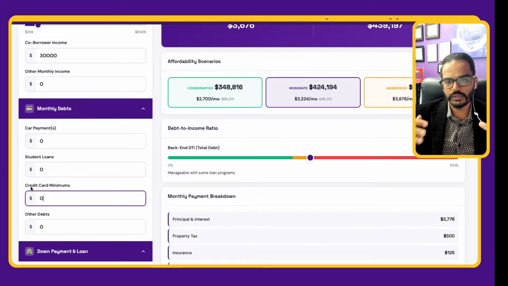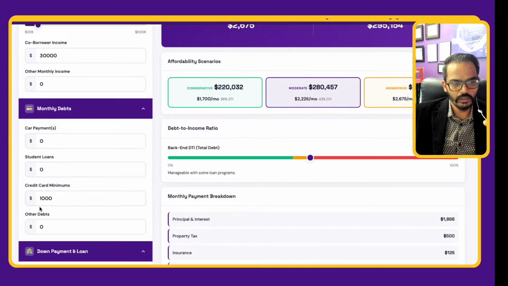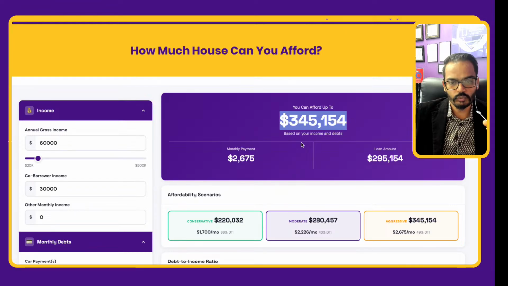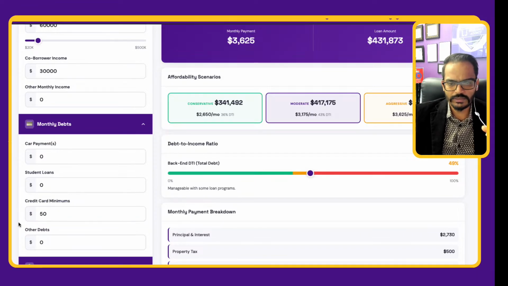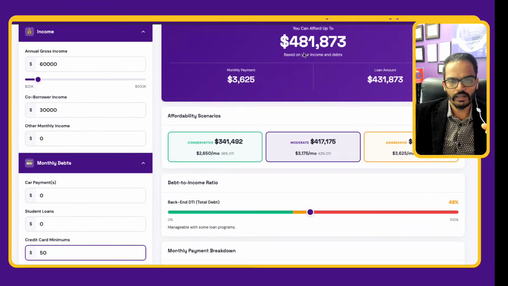So they purchased things for $1,000. That means they have to make payments based on that $1,000. But we're not putting the full $1,000 here. If you were to do that, then the affordability will drop, but we're only looking at the minimum payments, right? And minimum payments usually, let's say it's $50, $60 per credit card. We would add that in here, okay?